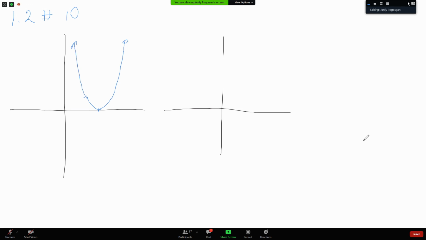So f is given to you. This is 3. This is 4, 2. And then we have another one.